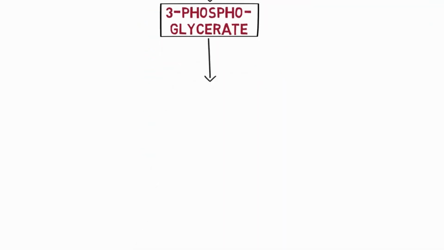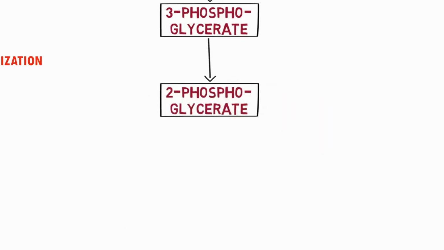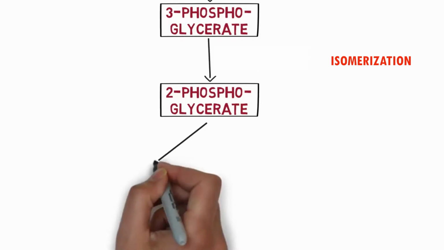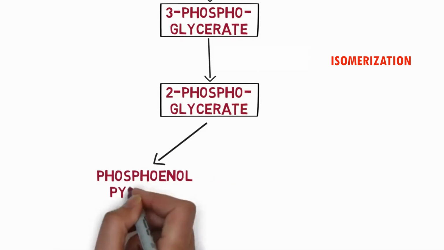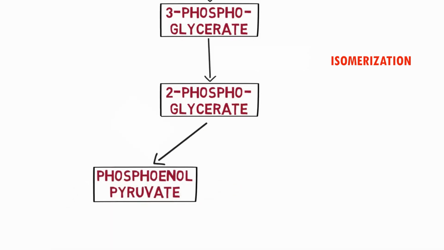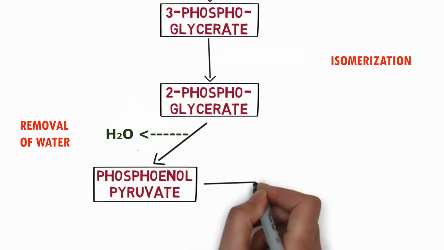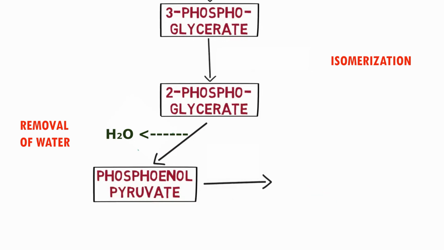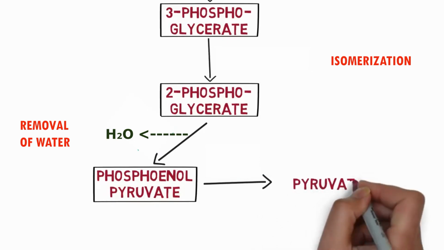Next, the 3-phosphoglycerate is rearranged into 2-phosphoglycerate through isomerization process. Then, the 2-phosphoglycerate is converted into phosphoenolpyruvate. In this step, a water molecule is removed from each 2-phosphoglycerate, forming double bond. In the final step of glycolysis, the phosphoenolpyruvate is converted into pyruvate.